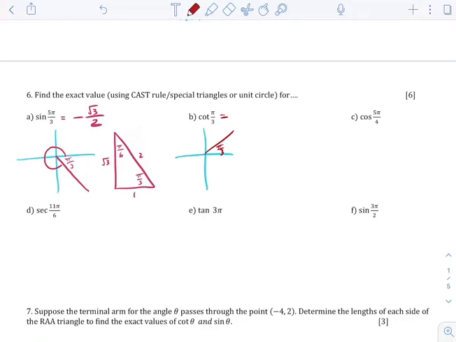So if tan was opposite over adjacent, well, cotangent is adjacent over opposite. So I'm going to look at pi over 3 in the special triangle. The adjacent side is 1 over the opposite side, which is root 3. If I want to rationalize that, I'll multiply the top and bottom by root 3. So root 3 over 3. Keep going along here.